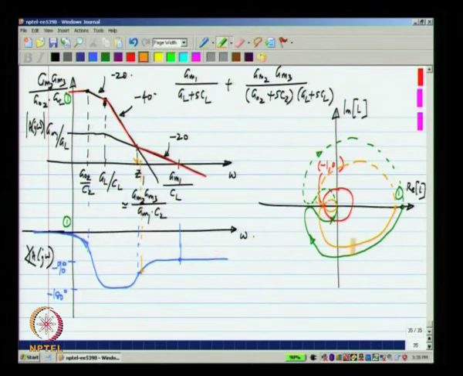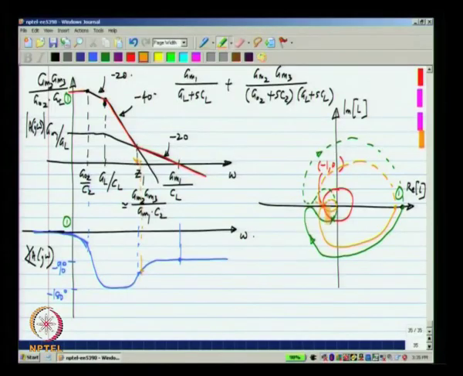But it is possible for it to have a very poor phase margin and become close to instability. Okay. Just like the second order system, this will never become completely unstable, but it can become close to unstable because the Nyquist plot can enter the unit circle at a point very close to minus 180 degrees. Okay.